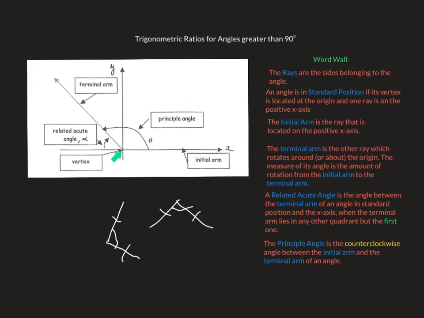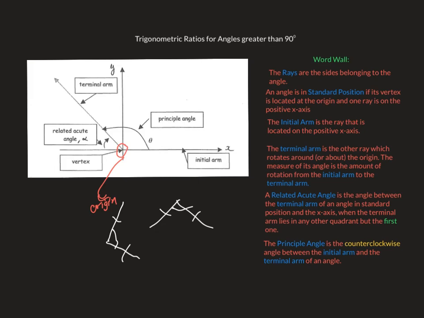These two lines join up right here, and right there happens to be where the origin is. Since my origin happens to be in the same spot as the vertex made from these two lines, I could say that it is in standard position.